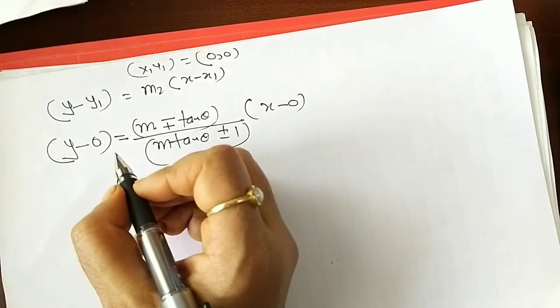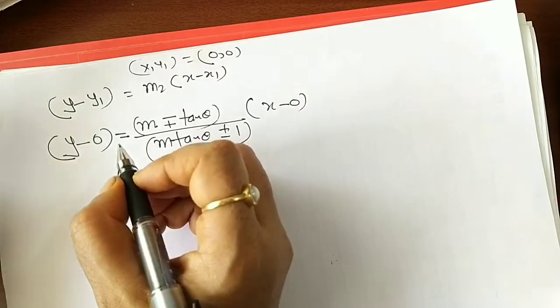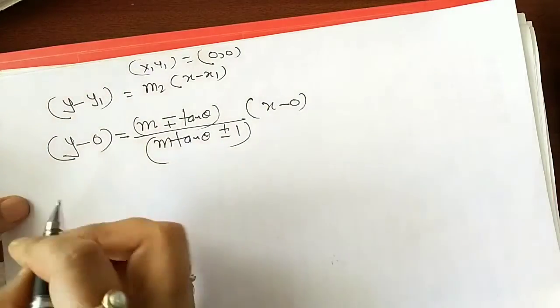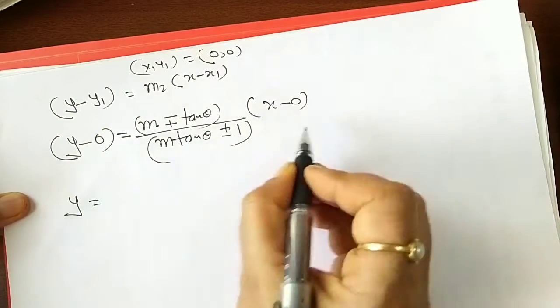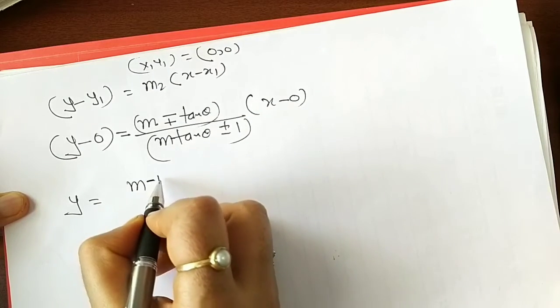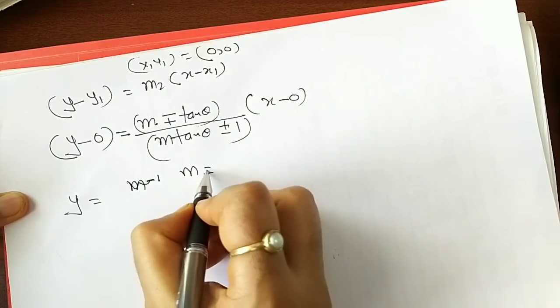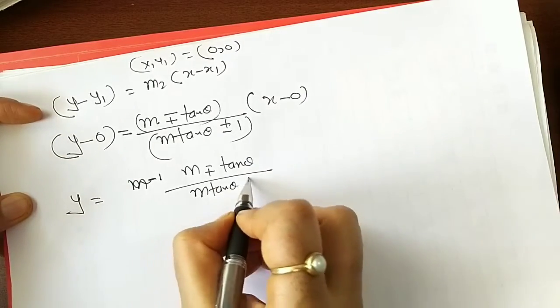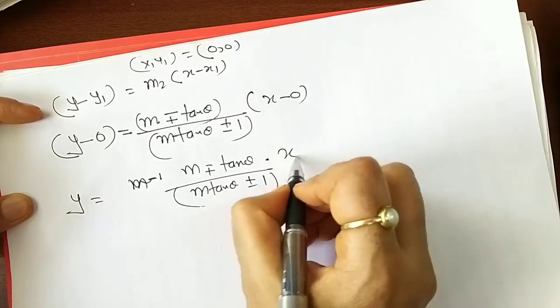Okay, now what will happen? This 0 I can ignore. If I ignore this 0, it will be y is equal to (m minus plus tan theta) by (m tan theta plus minus 1) into x.